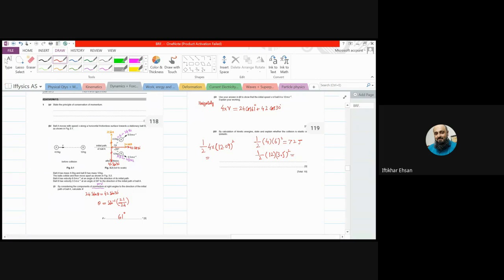Please tell me the value of this initial one first. First one, I got 292.8082.